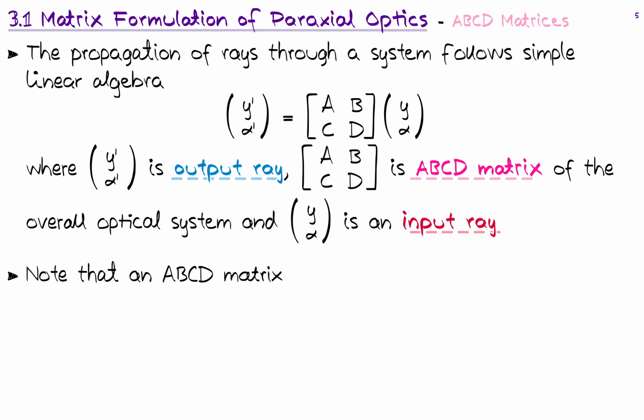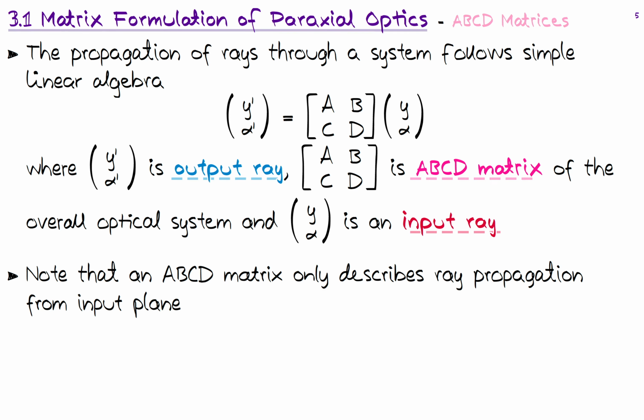And please note that this ABCD matrix only describes ray propagation from an input plane, sometimes described as pi in, to an output plane, pi out, as Svelto uses in his notation in the book. So strictly speaking, this matrix vector multiplication doesn't tell us how the ray is propagating in between these two planes.